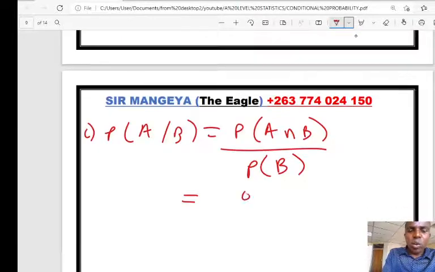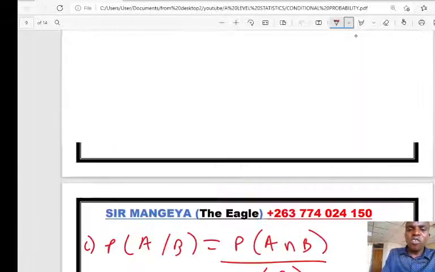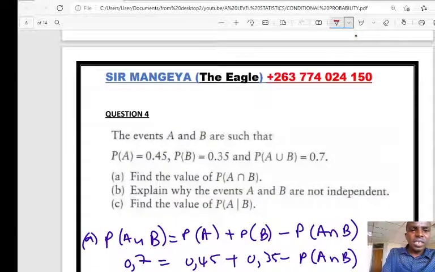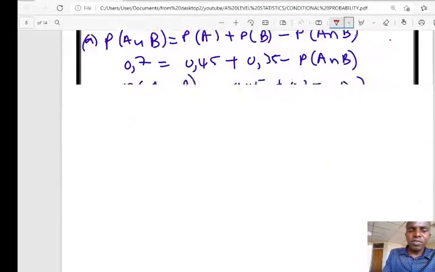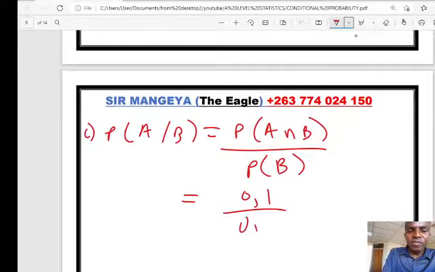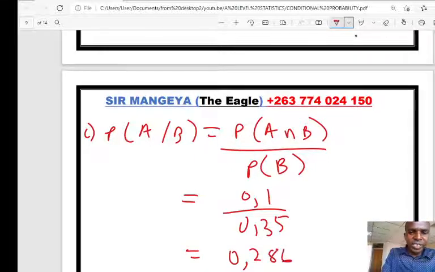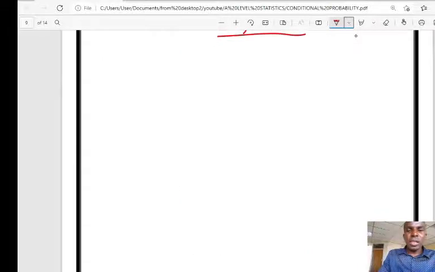So it's 0.1 over probability of B, which is 0.35. Right, using a calculator, 0.1 divided by 0.35 is 0.286 to three significant figures. Then you can say done.